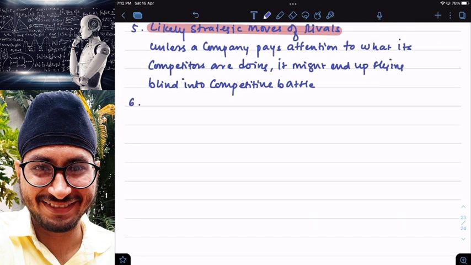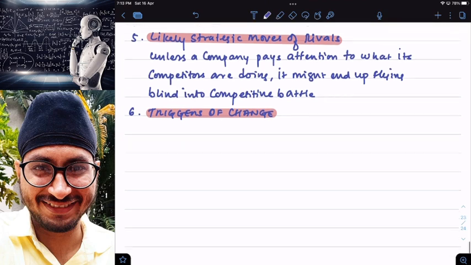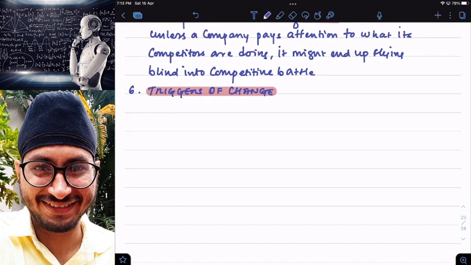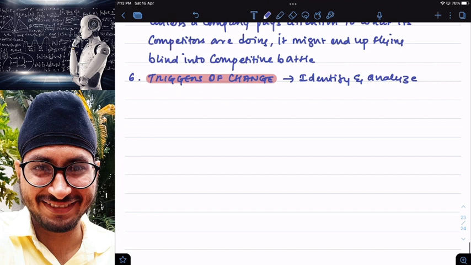Next, then we have triggers of change. Triggers of change means you should identify and analyze changes before making any changes in the organization.